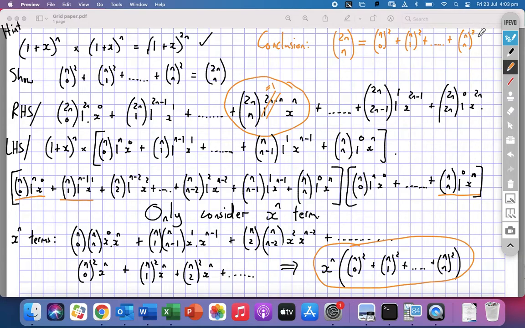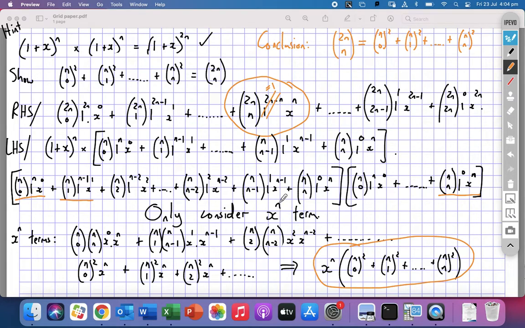So this question is confusing because you need to know what to look for. But really the crux of it is: do the expansions, but then we're zeroing in and we're just trying to consider the x to the n term from each expansion, not the entire expansion, which potentially goes on forever. So I've written that down here.